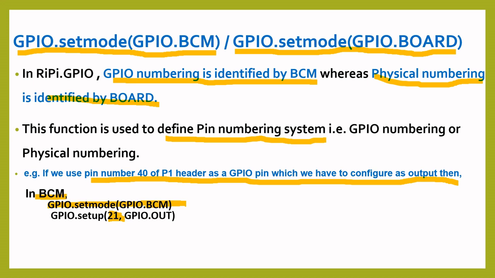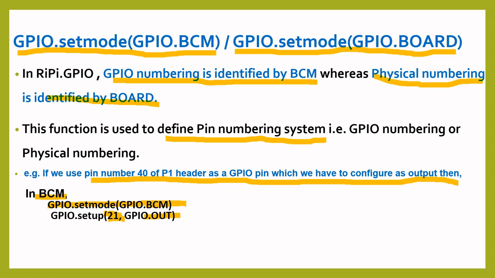When I write BCM here, it is a GPIO pin numbering system. And here I have written GPIO.setup in bracket 21, GPIO.OUT, which means pin number 21, which is a GPIO pin, is used as an output pin.